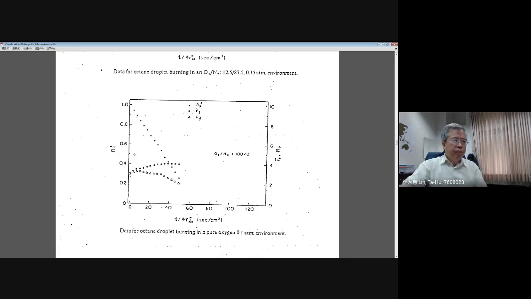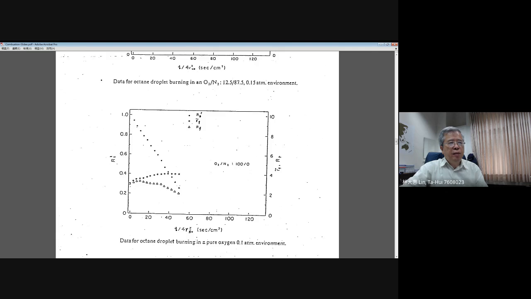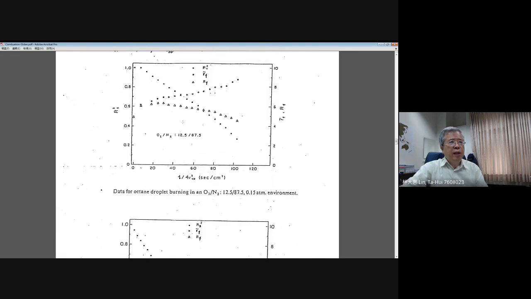And you can see for the RF here, it represents the flame position. Initially, it will be pushed far, closer to the oxygen, very fast, but then it will reduce continuously. That tendency of reducing flame radius is much stronger than in the previous case.